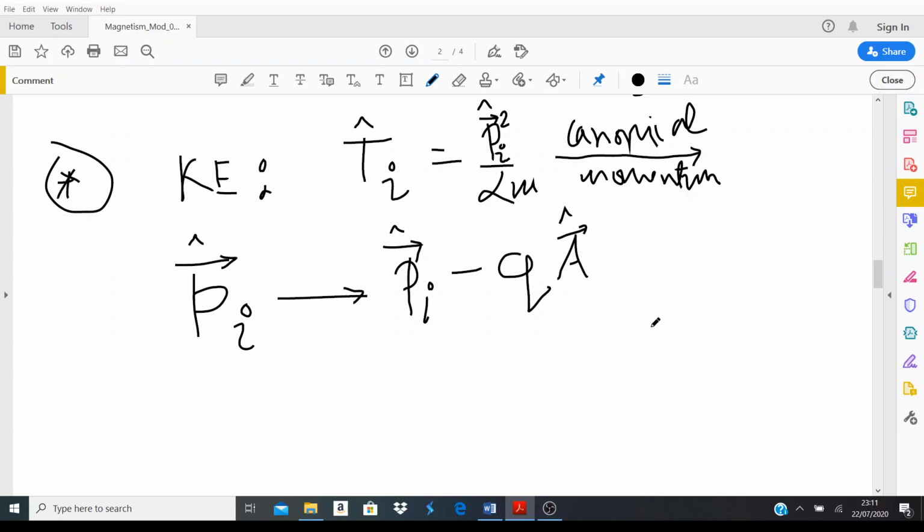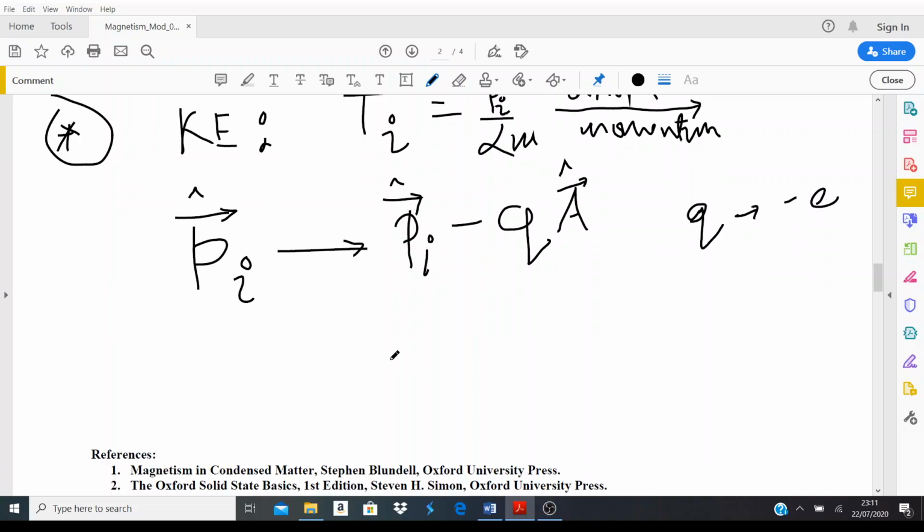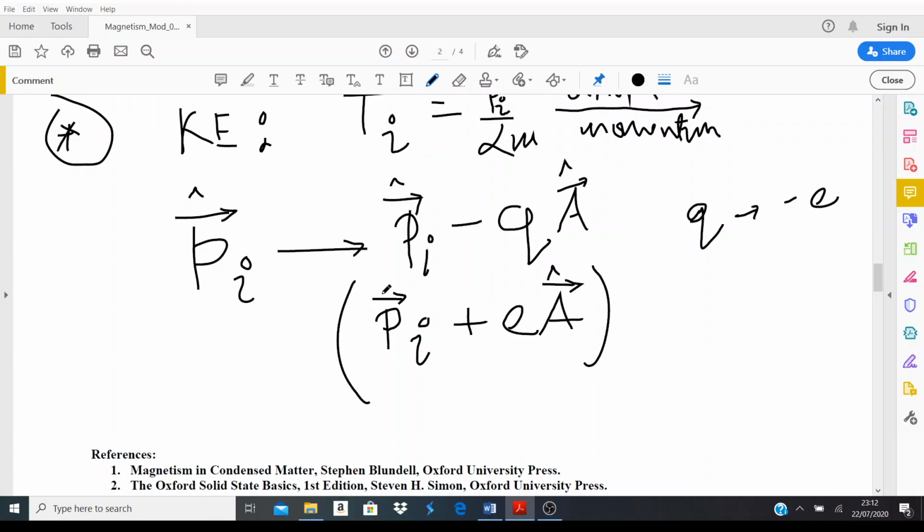So in our problem of diamagnetic discussion, the electrons have a charge, and the charge by convention is minus e. So for us, the canonical momentum is p minus q A, with q equal to minus e, so that should be p plus e times A. That's a very important part.